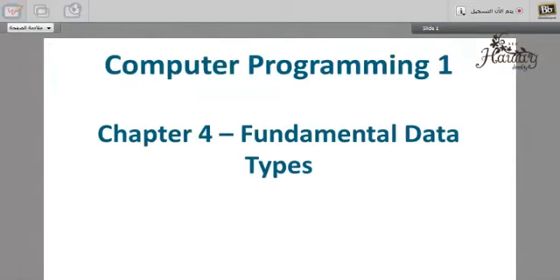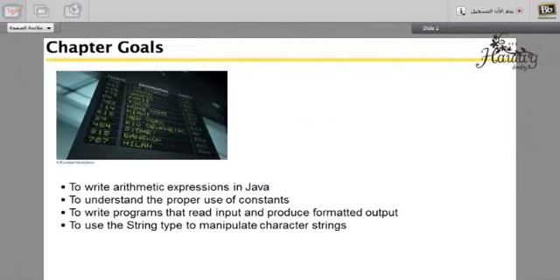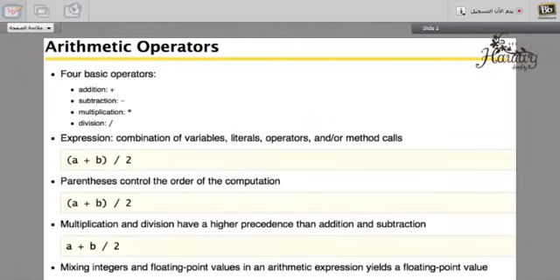So we'll be talking about data in general. We'll talk about arithmetic. We'll talk about converting integer and double, and finally, how to have user input as well. Okay. So let's begin. So let's start with arithmetic operations.